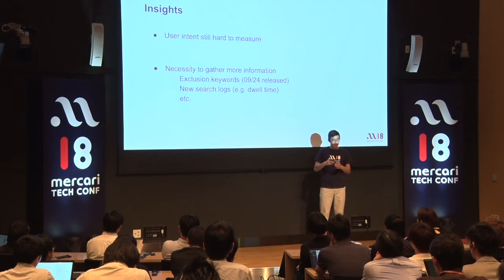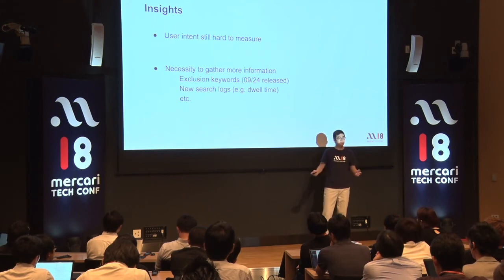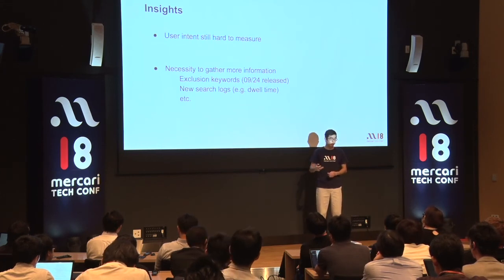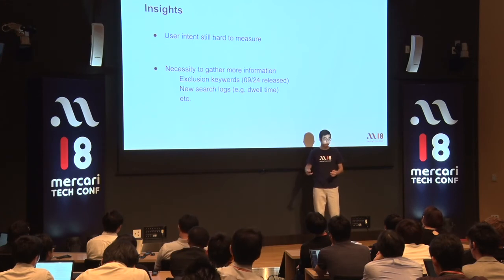So for the search results with many clickbaits, that's the 10% that we couldn't fix. But that is not the end of the day. Now we're running different projects to gather more information so that we can understand the user intent better.